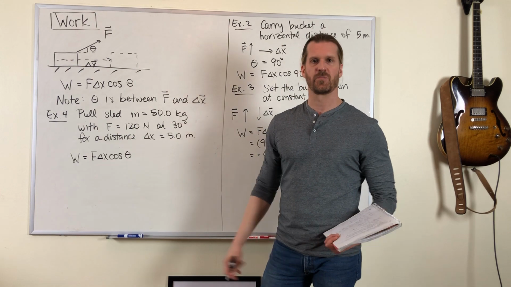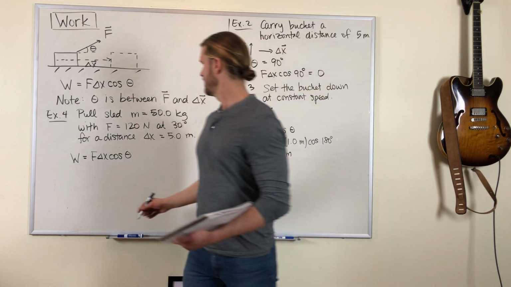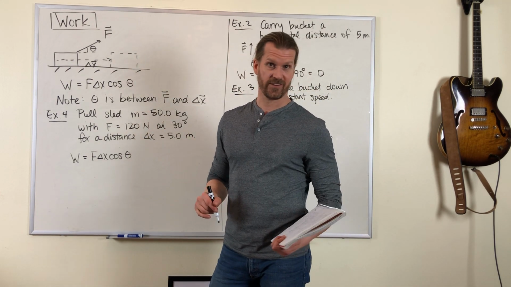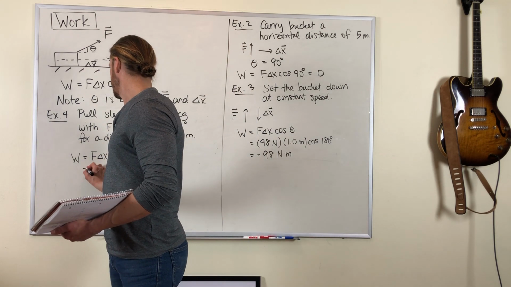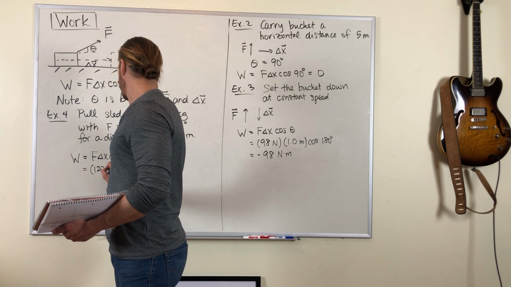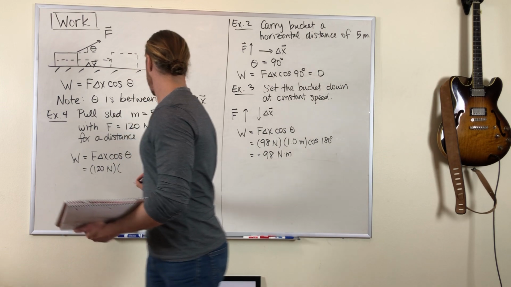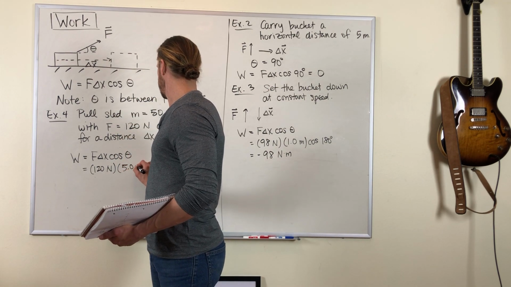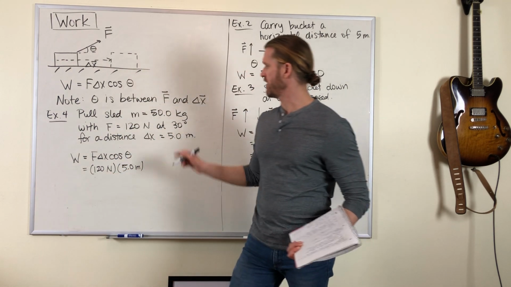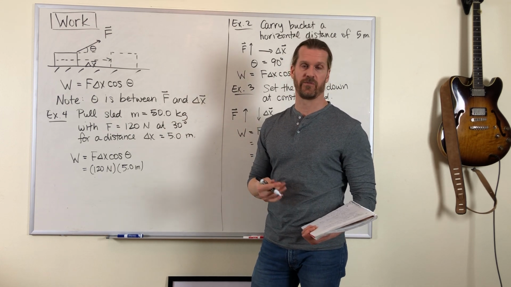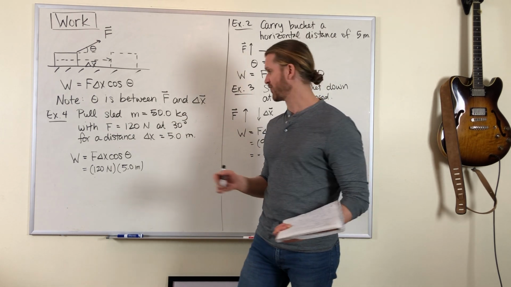All you got to do is plug into this formula. Turns out that mass was kind of irrelevant to do this calculation. All you need is a force, 120 newtons, displacement of 5 meters, and the problem tells you that the angle between the force vector and displacement vector is 30 degrees.